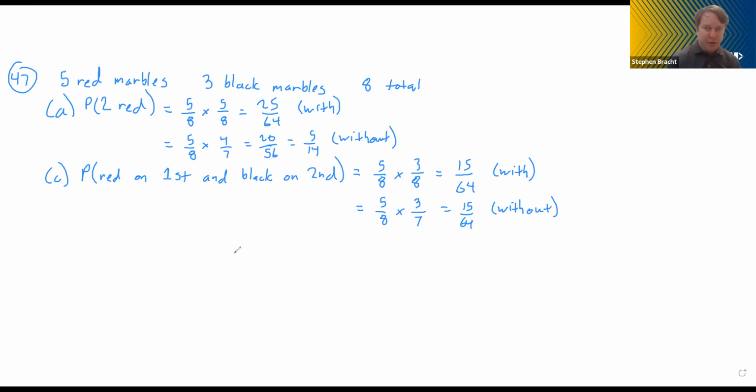Now, the other possibility is that we get probability of black on first and red on second. So let's calculate both of these, both with and without replacement.